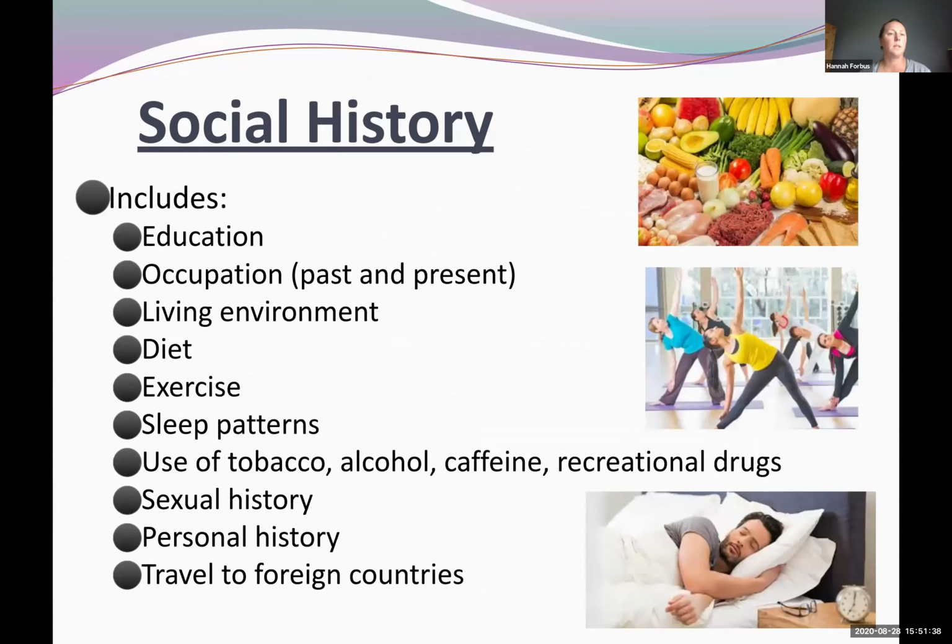The social history should include the patient's education, occupation, both past and present, their living environment, their diet, their exercise, sleep patterns, any use of tobacco, alcohol, caffeine, recreational drugs, and that includes past and present, their sexual history, their personal history, and travel to foreign countries can be pertinent.